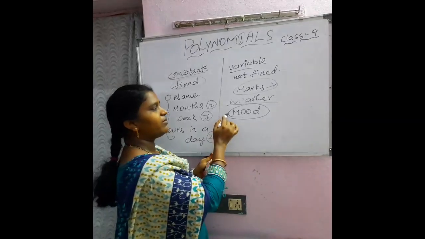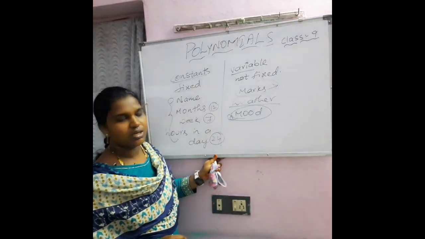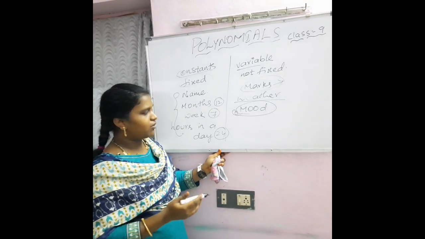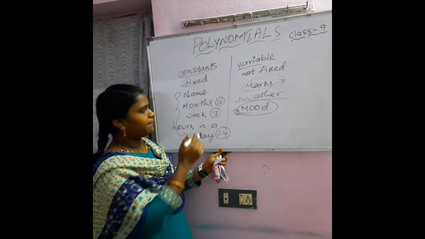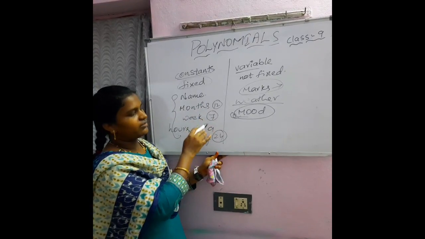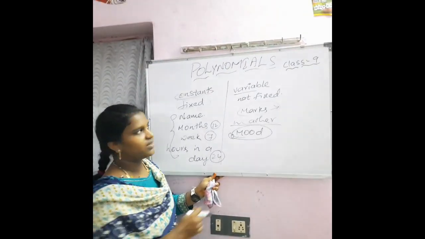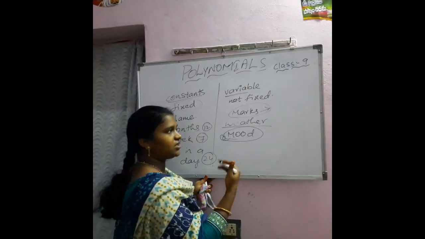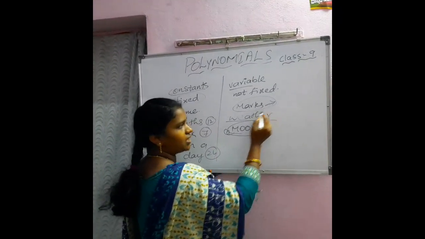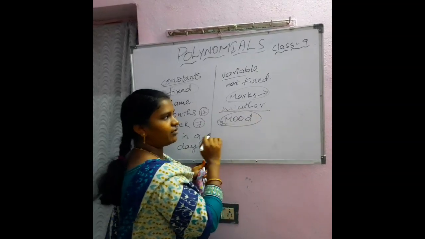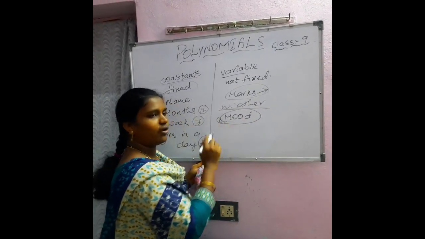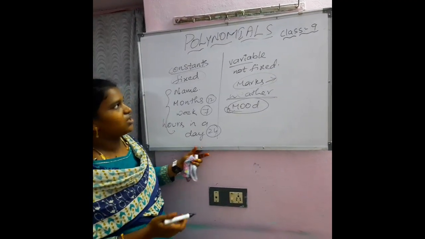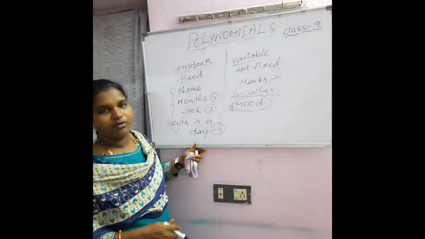That means the mood of a person is also changing. So constants are nothing but those that are fixed: the name of a person, hours in a day, months, weeks, these all don't change. Whereas variables vary, they change. That means the marks of a person, the weather of a day or the mood of a person change in different situations. So these are constants and variables.